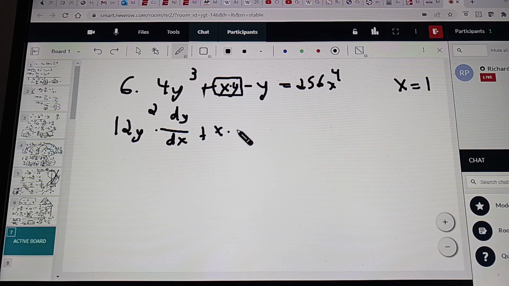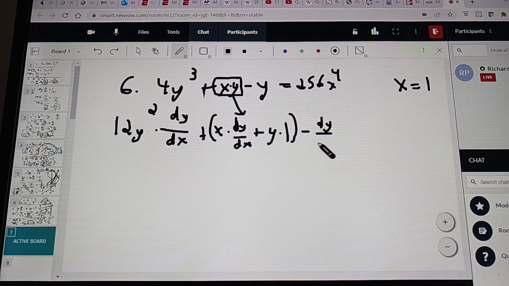But really what it is is 1 times dy over dx. Plus the second times the derivative of the first, which is just 1. So this part alone right there just came from this part. And then minus y, the derivative of that is minus dy over dx, because the derivative of y is just 1.